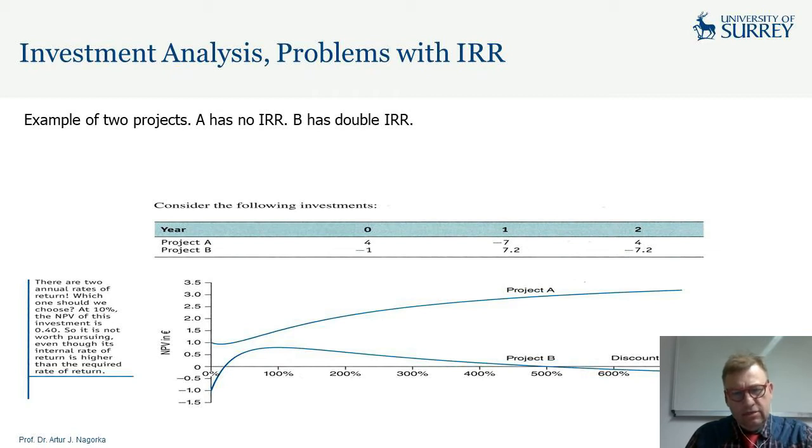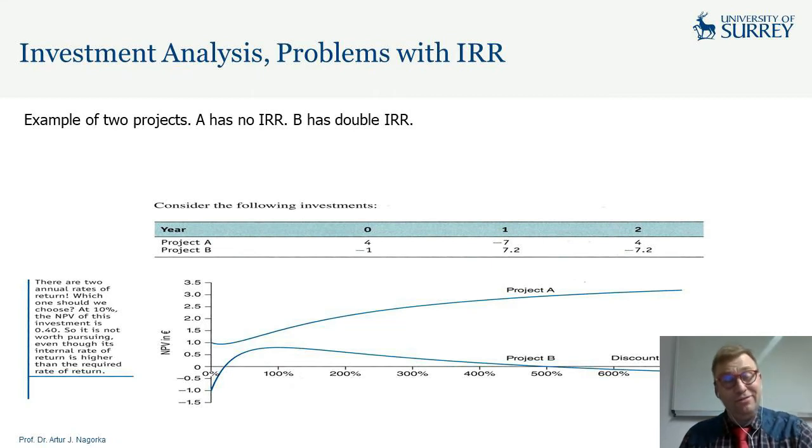So it inevitably has 2 IRRs. But project A is much more interesting, because you see it never crosses this 0 line. Interesting, because it never crosses. So at no point is NPV equal to 0.